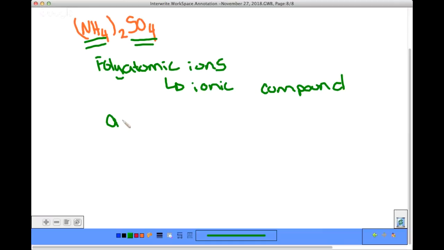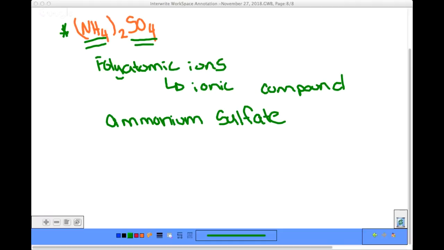Ammonium. I always get those confused because there's something called ammonia, and that's slightly different. So if you look on your polyatomic sheet, this is ammonium. So you're just going to write down ammonium, and then look on your sheet. This is actually sulfate. So all we're going to do is call this ammonium sulfate. So not too complicated, pretty straightforward.